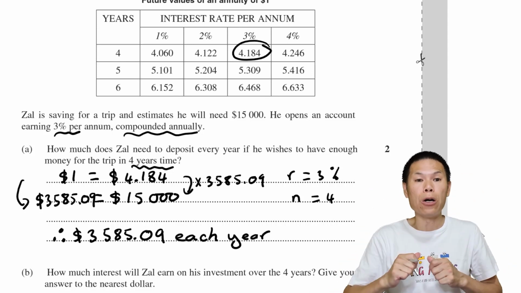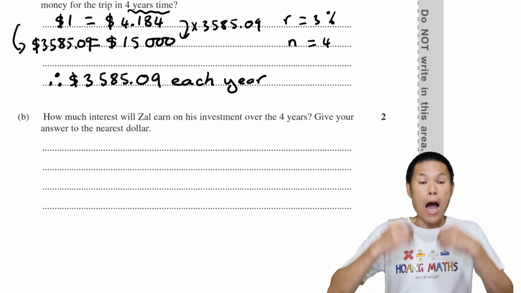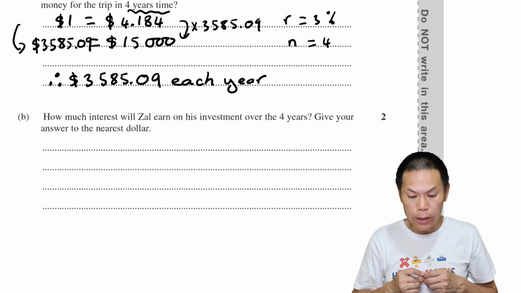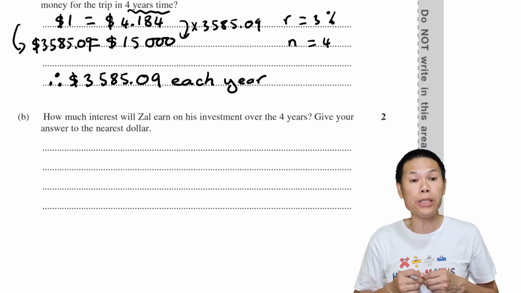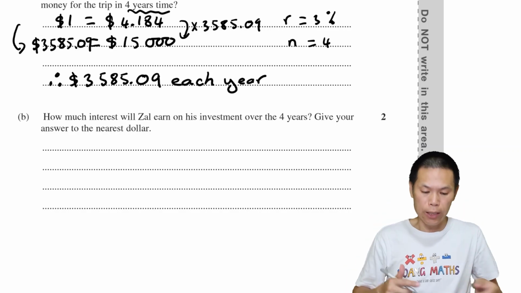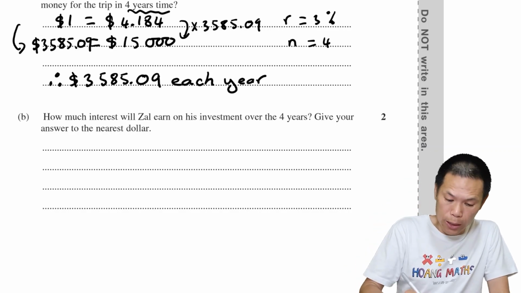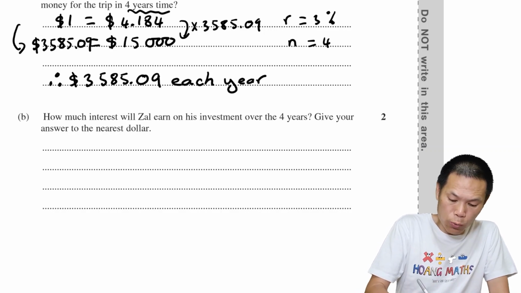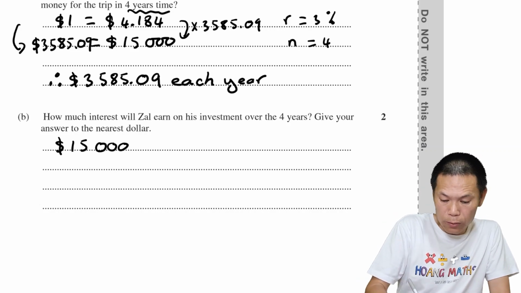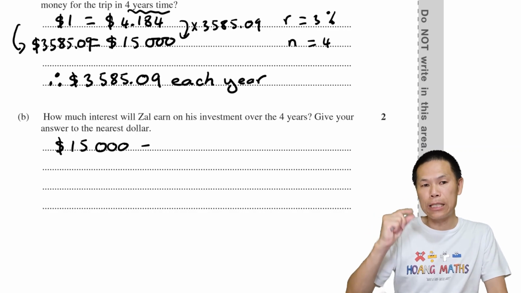So there you go. Part B. How much interest will Yao earn on his investment over 4 years? We need to keep the answer correct to the nearest dollar. We know that the final amount is $15,000. So what we need to do is minus the amount of money that he deposited.